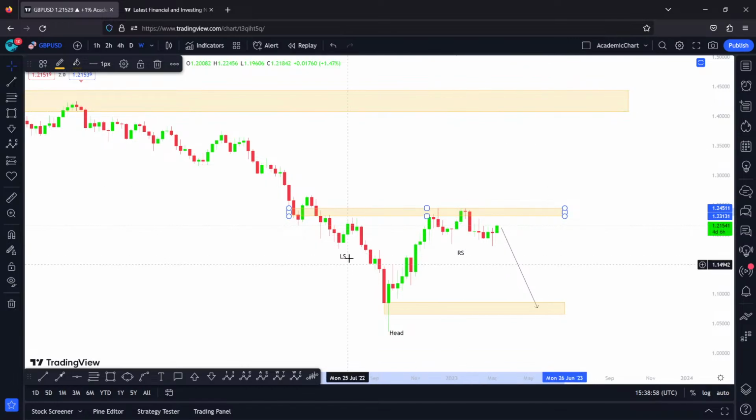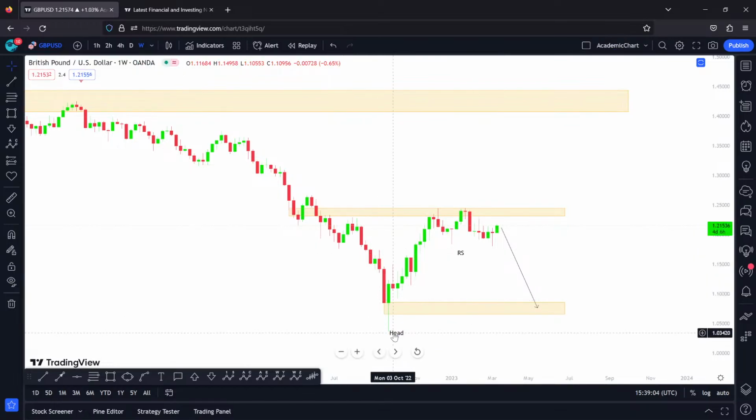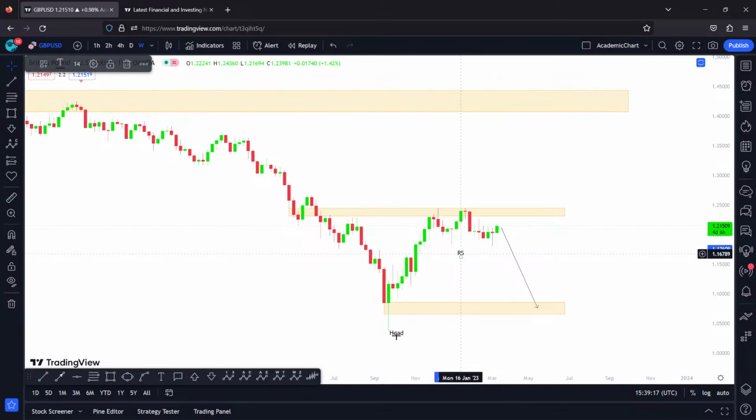This is a possible reverse head and shoulder. It is not the case at the moment, and it will be when the neckline gets broken, and then after a retest and some kind of confirmation that the breakout was not a fake out, then in that case you can talk about that target.